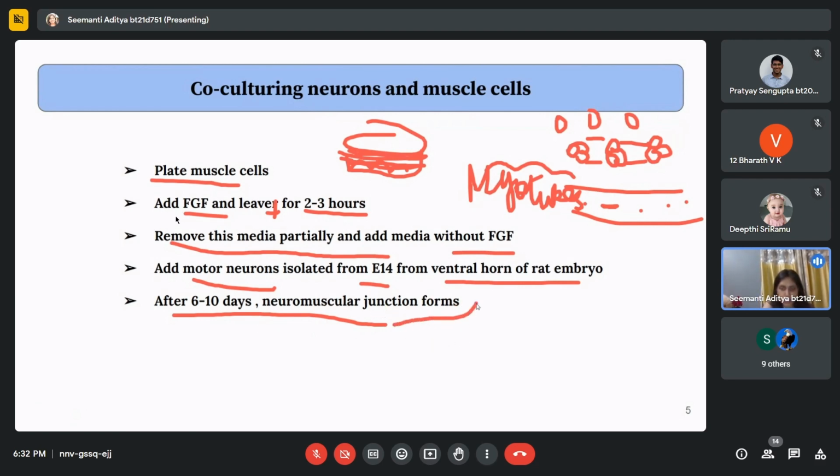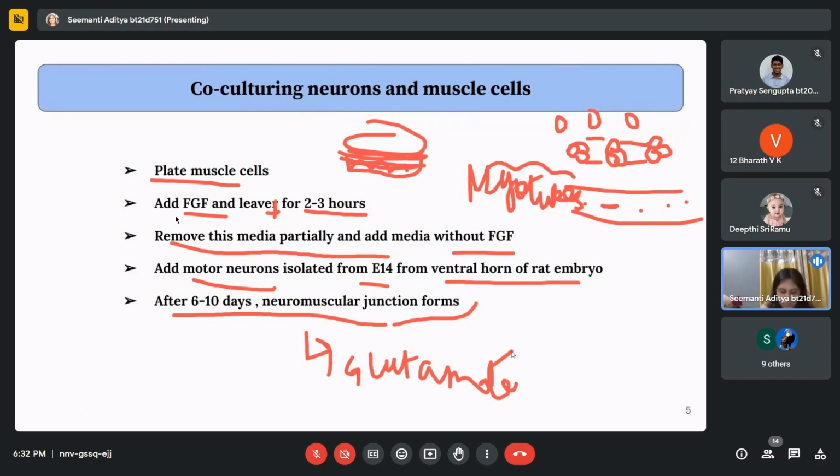And this neuromuscular junction should be activated, and we can check that by adding glutamate to the culture. Glutamate is a neurotransmitter, and it's added on the dish.